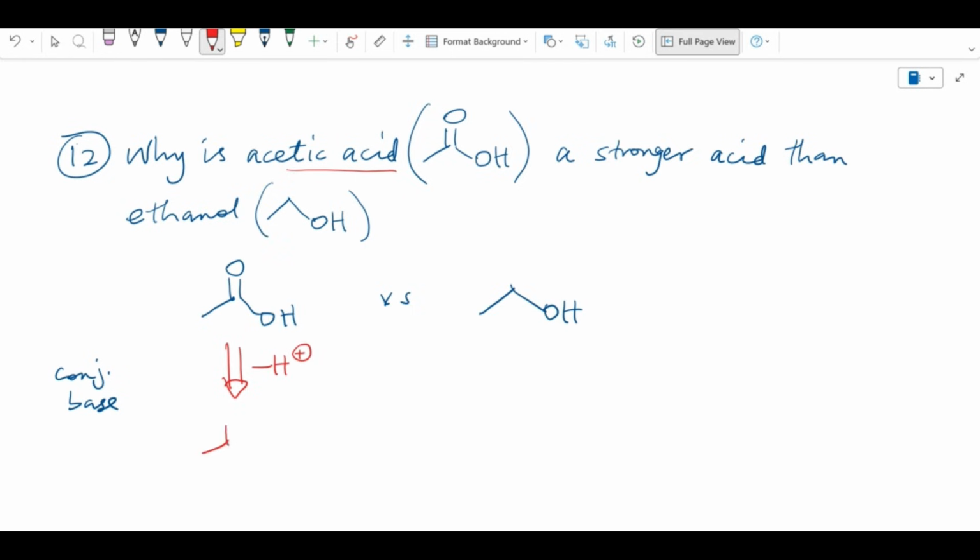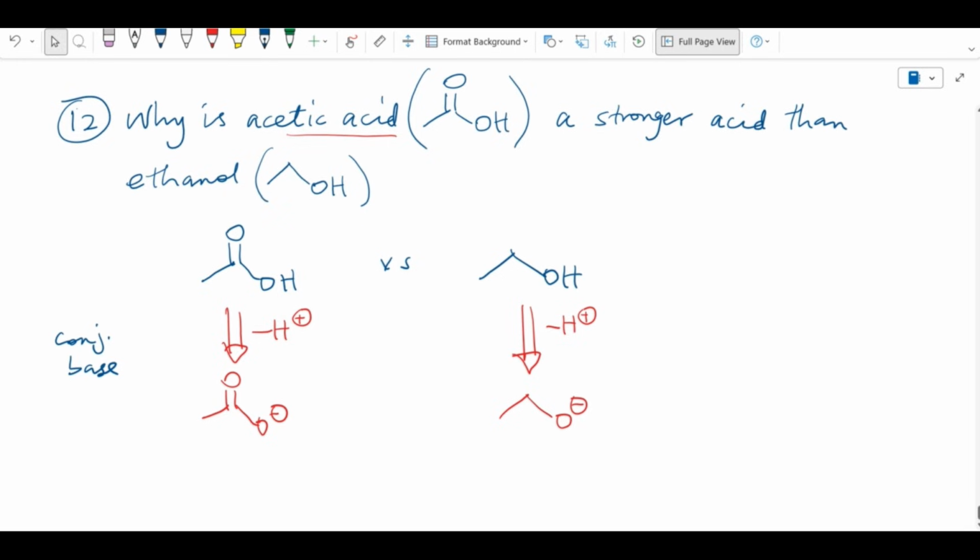Removing a proton from here will give you this conjugate base, and removing a proton from this will give you this conjugate base. So the question now is, which of these conjugate bases is more stable?